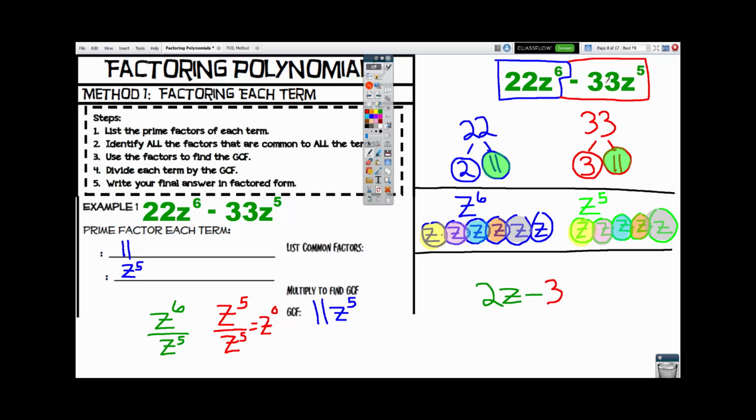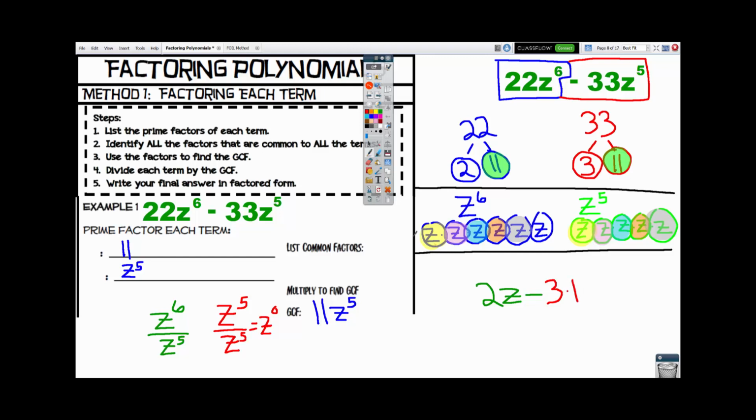Okay? Now remember, because these values right here are right next to each other with no sign in between, that means they are being multiplied. So the 3 and the 1 that we would get from factoring out the z to the power of 5, those would be multiplied together as well.